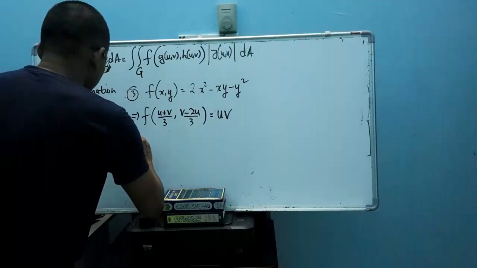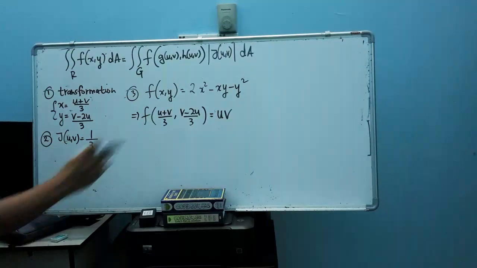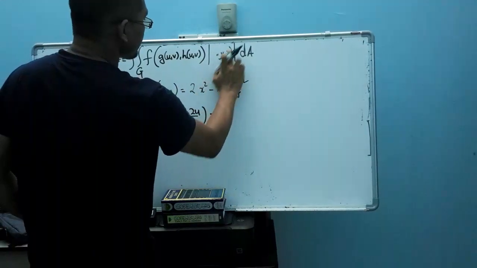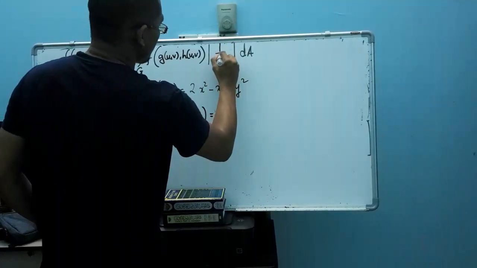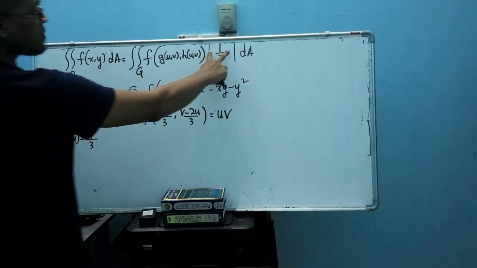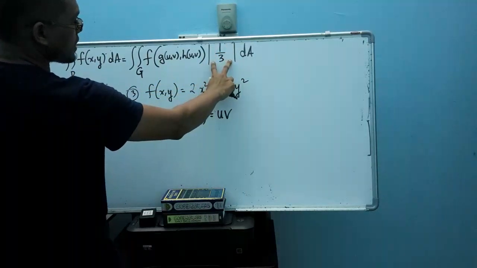So number 4. Since I have the Jacobian of (x,y) with respect to (u,v) equal to 1 over 3, I can just substitute this one first. So I have 1 over 3, and of course because this is the absolute value, always remember we need to take the absolute value here.